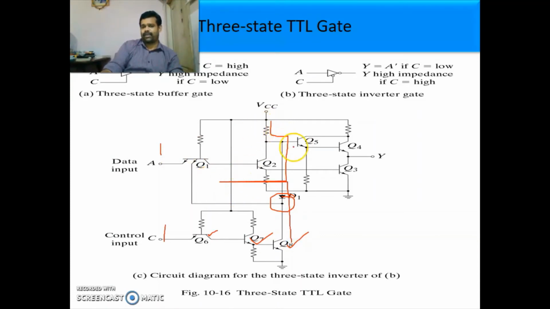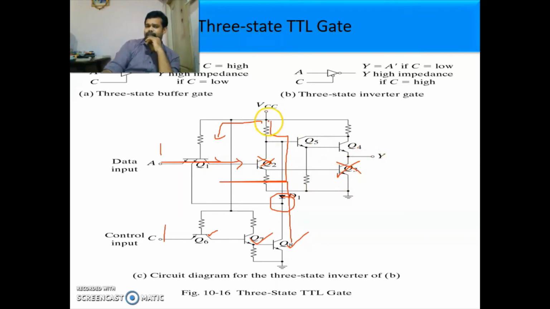So in this direction, more current will be flowing. Now, even though this junction is forward biased, the amount of current flowing here is unable to make this junction conduct. So Q2 is off because no current will be flowing here, which in turn makes Q3 off.